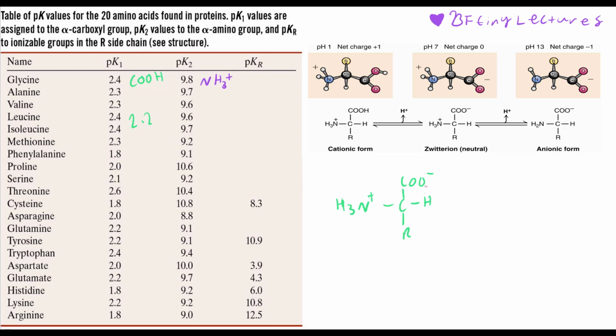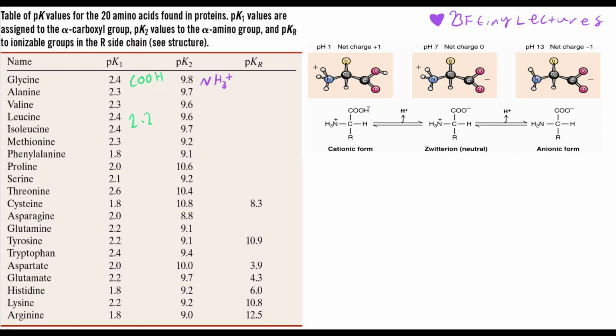Because we're going to be focusing on different points of the reaction, right? So right here we're going to be giving away some protons, right? So what happens if I add some base?